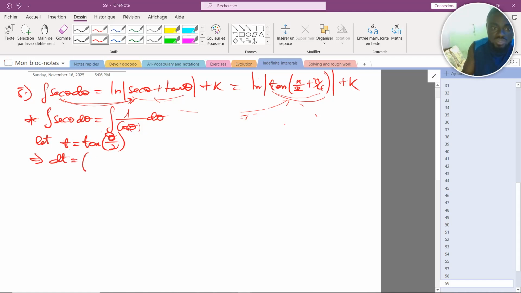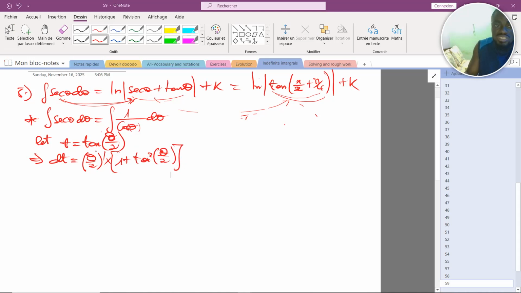I differentiate what is inside: theta on 2, prime times what? When I differentiate tan, it behaves in a way that this theta on 2 is the same as u. This will give 1 plus tan square u. But our u is theta on 2. Is that okay?